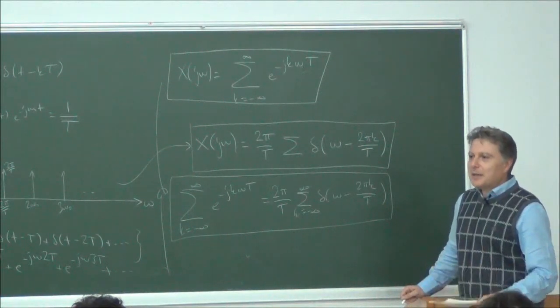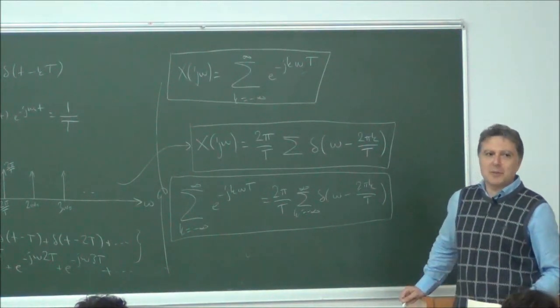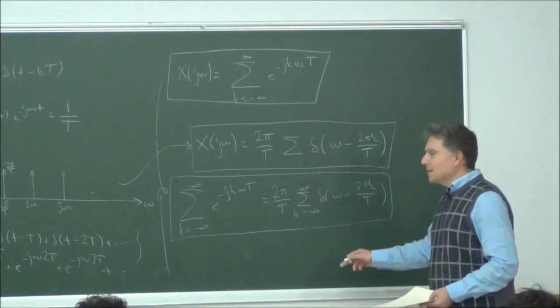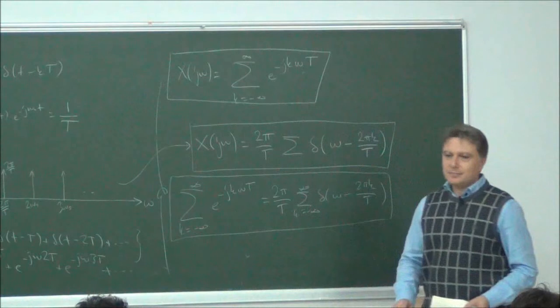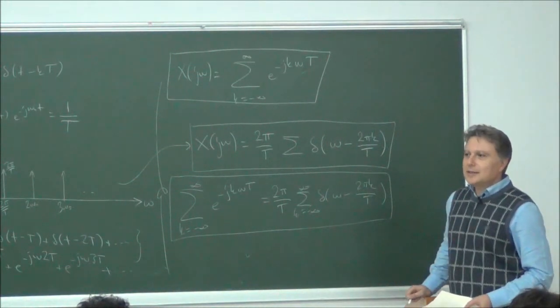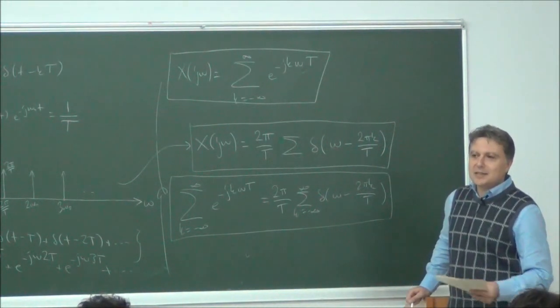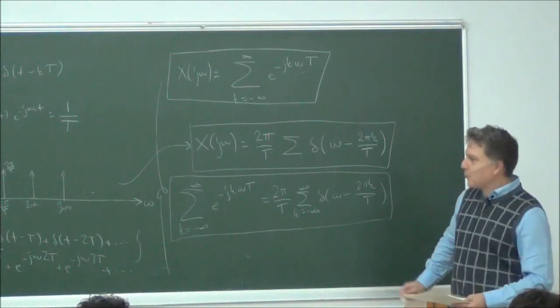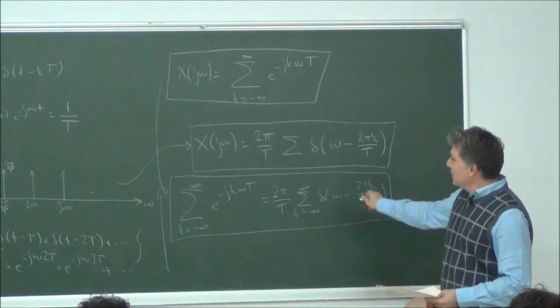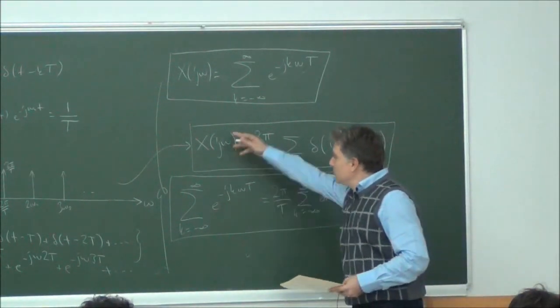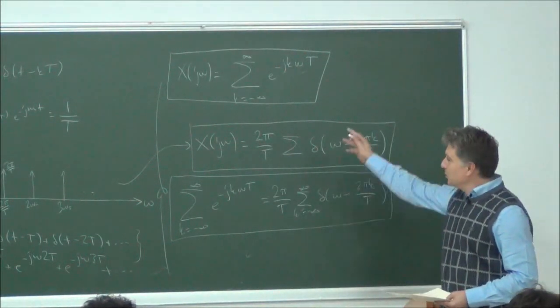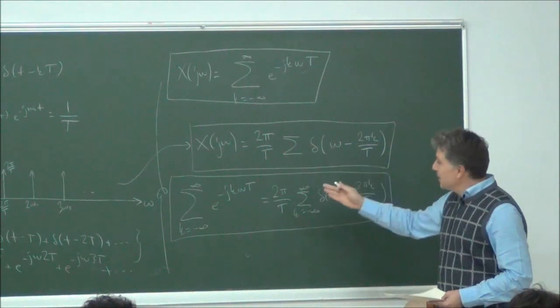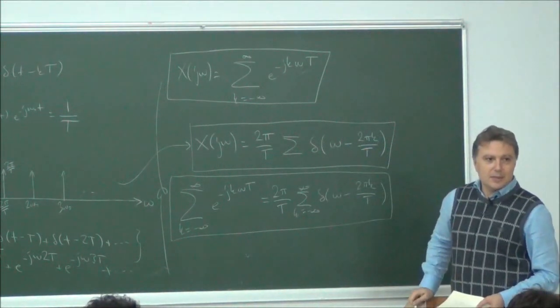There are mathematical questions in the departments of mathematics which ask this. Prove that this is equal to this. And only the guys who know signals and systems and Fourier transforms could show their equality, because they correspond to the same inverse Fourier transform. Since they correspond to the same inverse Fourier transform, they must be the same signals.